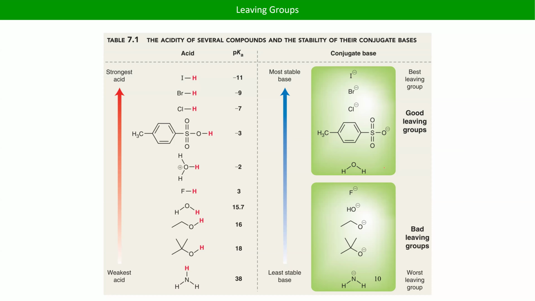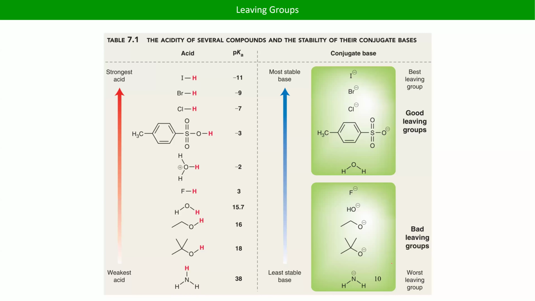In addition to just acids and bases, we also need to think about it in terms of nucleophiles and leaving groups. So something that's a bad leaving group makes it a good nucleophile or a strong base. If you look at all of our alcohols and waters, they all have a pKa in that 15 to 18 range.